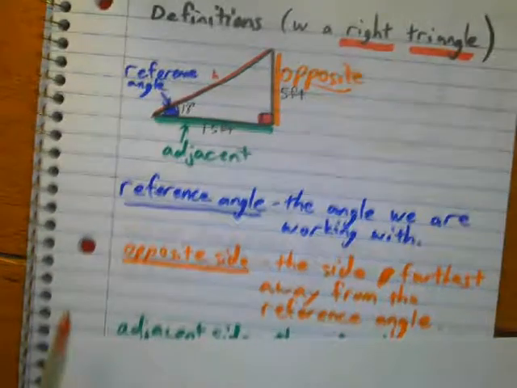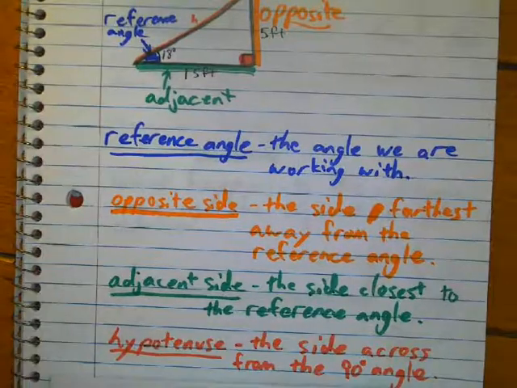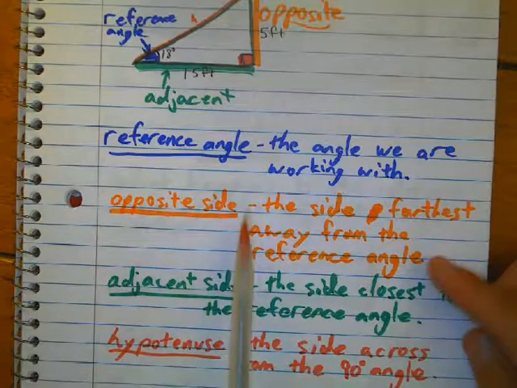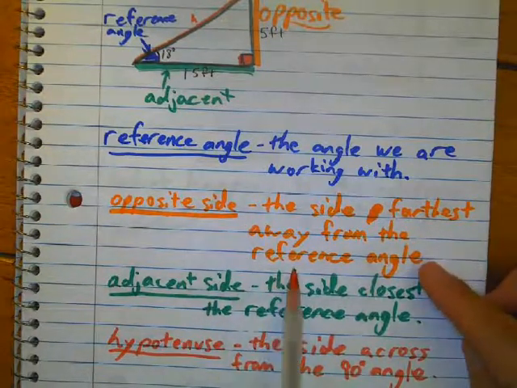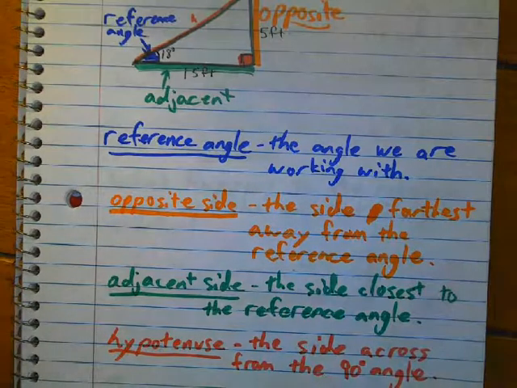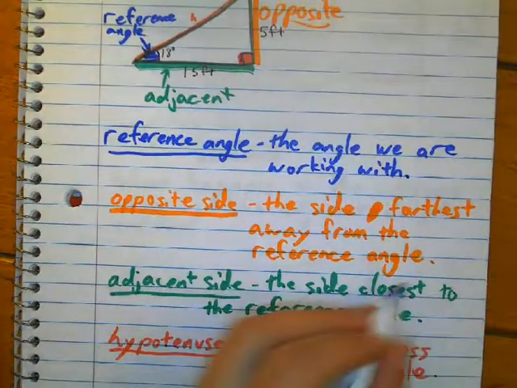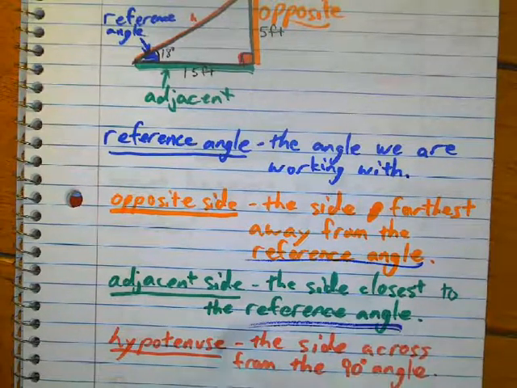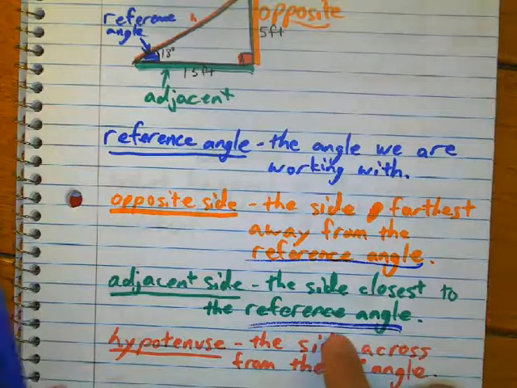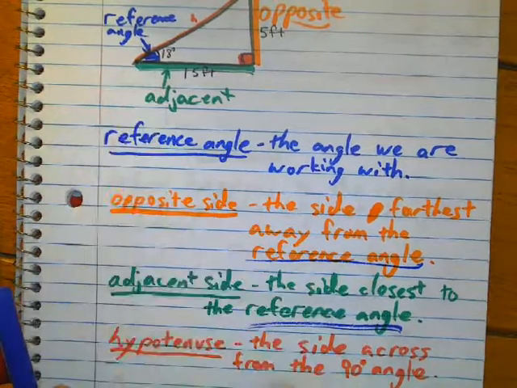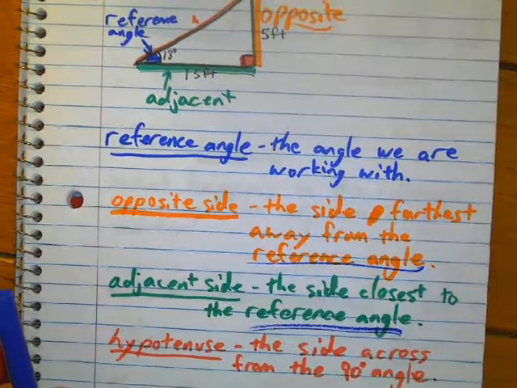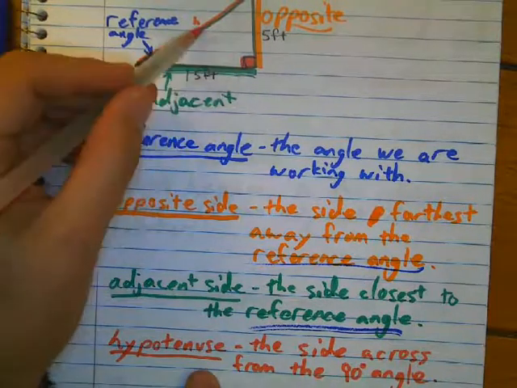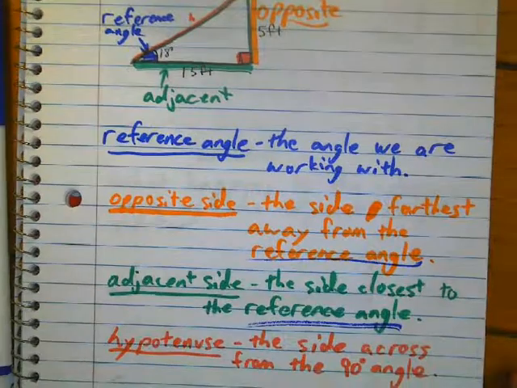Okay, so you need these definitions. So the side farthest away from the reference angle is the opposite side, and the side closest to the reference angle is called the adjacent side. And as always, the hypotenuse is the side that's across from the 90-degree angle. Important notes.